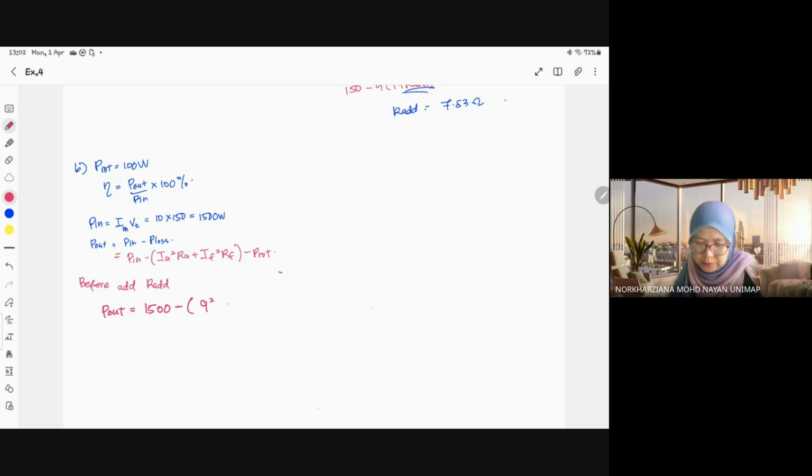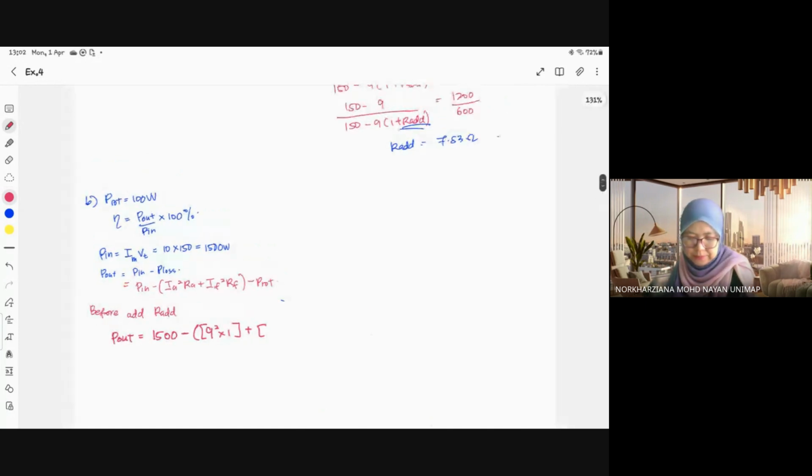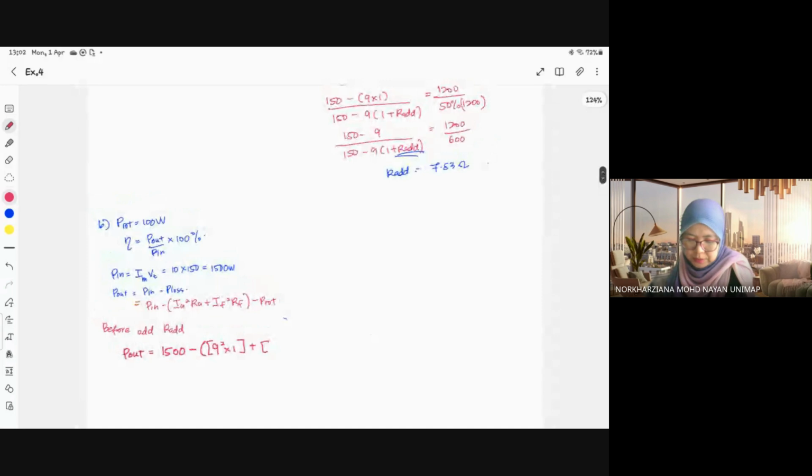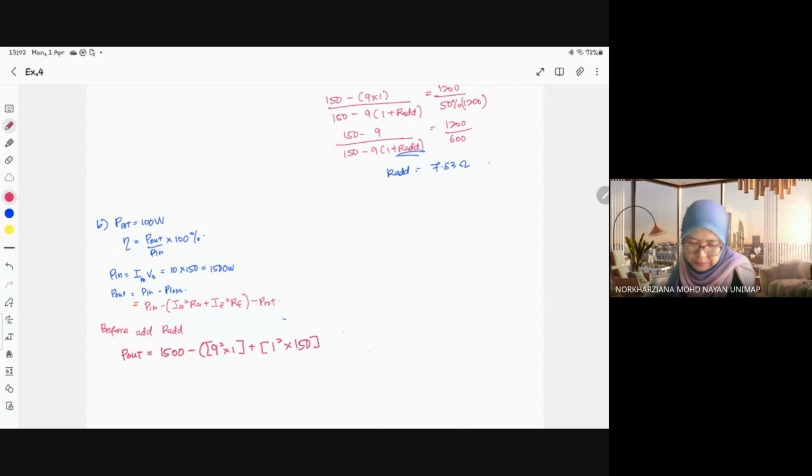9 ampere square kali dengan 1, plus IF tadi, 1 ampere square kali dengan 150, minus rotational losses here 100.